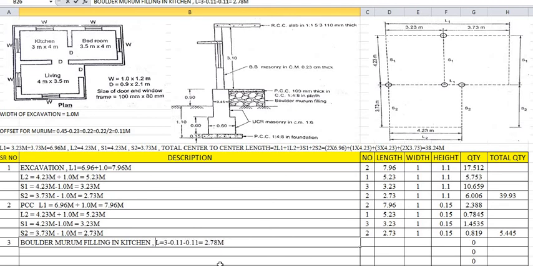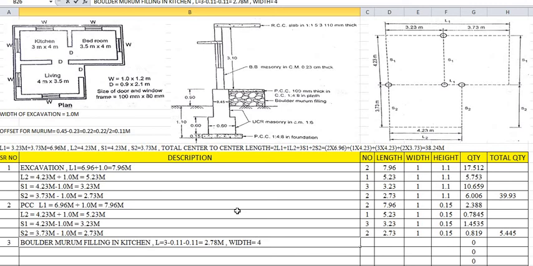So this is 3 minus 0.11 offset for the left side and 0.11 offset for the right side. Same way, the width of the kitchen is to be calculated. What is the width of the kitchen?